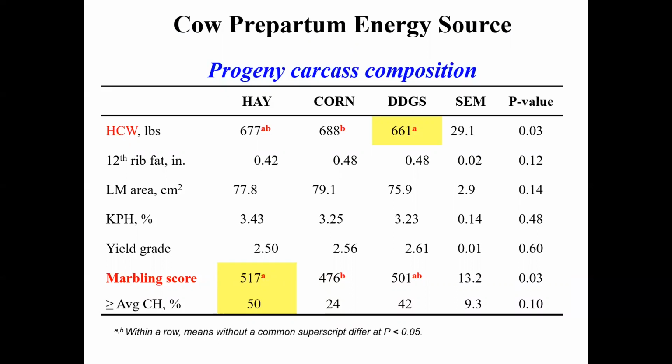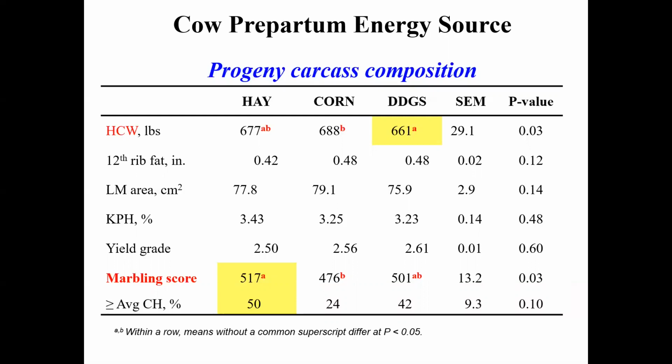However, what really impacts me in this is that the calves from cows that were fed hay and only hay had a greater marbling score and twice as many carcasses that were choice or high choice compared with the calves from cows supplemented with corn.